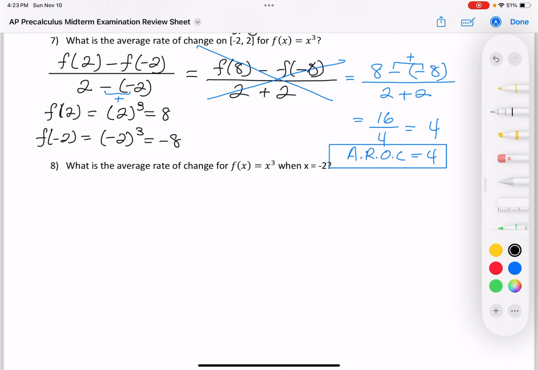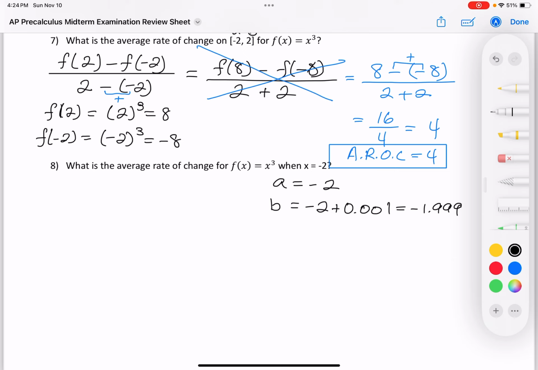In this case, our a is going to be -2, and our b has to be 1,000th higher than a. So our b is the same as saying -2 plus 0.001, which equals -1.999.